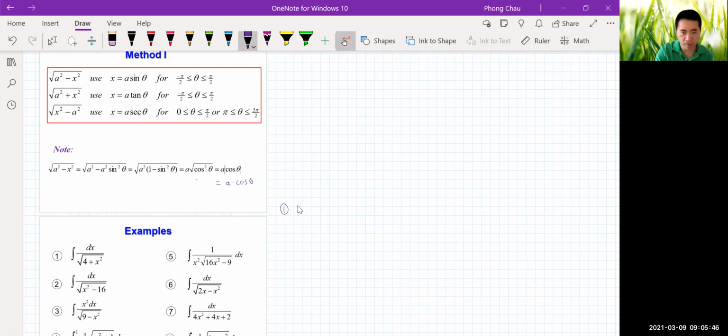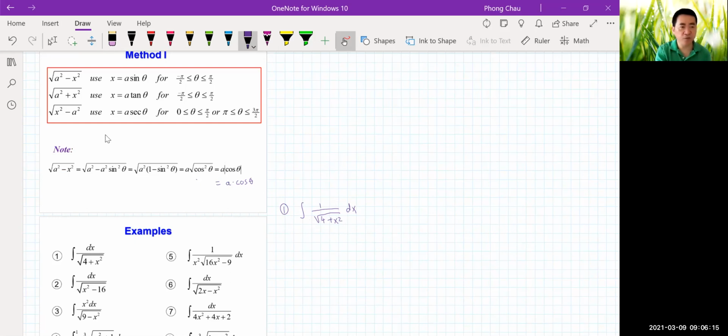But I always hate that writing. Is that the same as the integral of 1 over the square root of 4 plus x squared dx? I want the dx in the back instead of on top, so that you can see the function clearly. The integrand is 1 over root of 4 plus x squared.